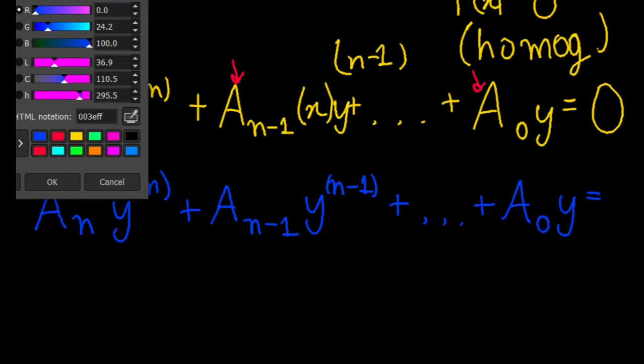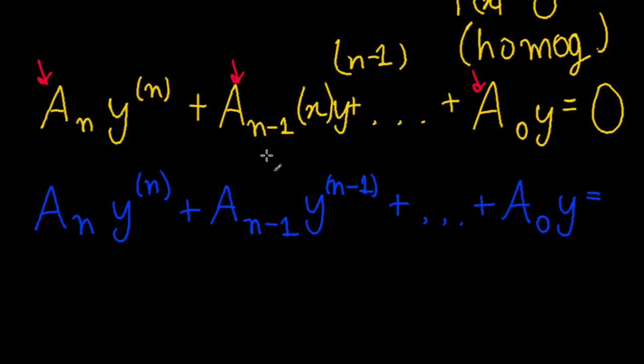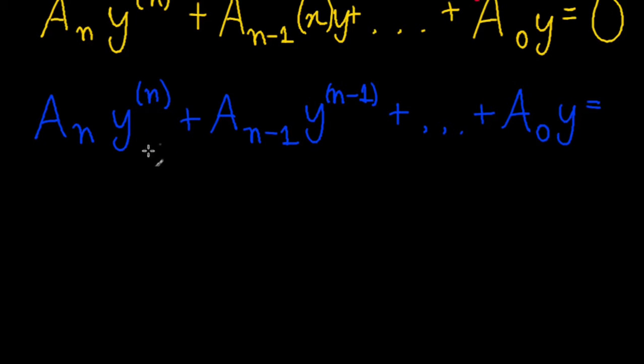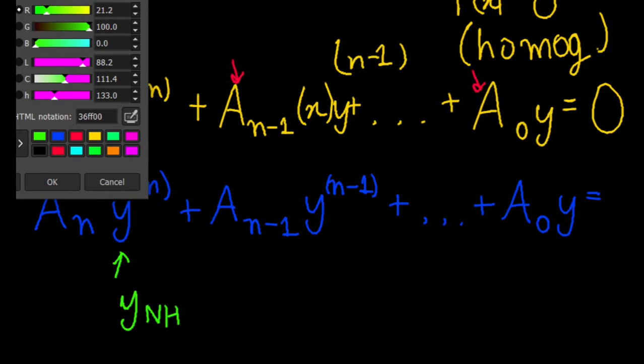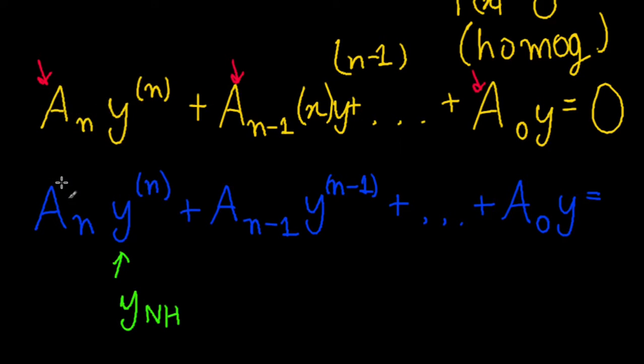So this is the related linear homogeneous differential equation. Now what am I getting at here? There is a theorem concerning these. Suppose y sub nh is a solution to the non-homogeneous differential equation, and I also have a solution to the homogeneous differential equation, say y sub h.